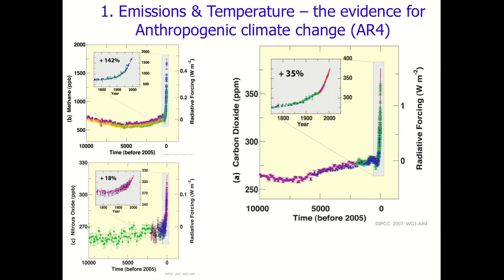You'll notice the zero here corresponds to just before the pre-industrial period. The scale here is in watts per meter squared, and this is the radiative forcing associated with the concentration. You can see that by 2005 we were above 1.5 watts per meter squared.